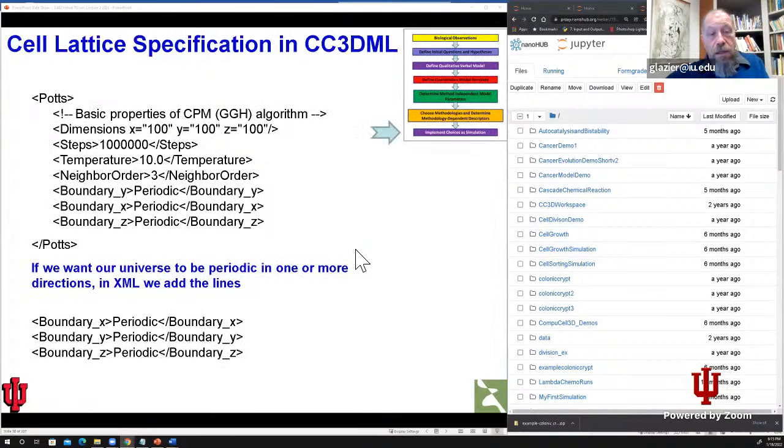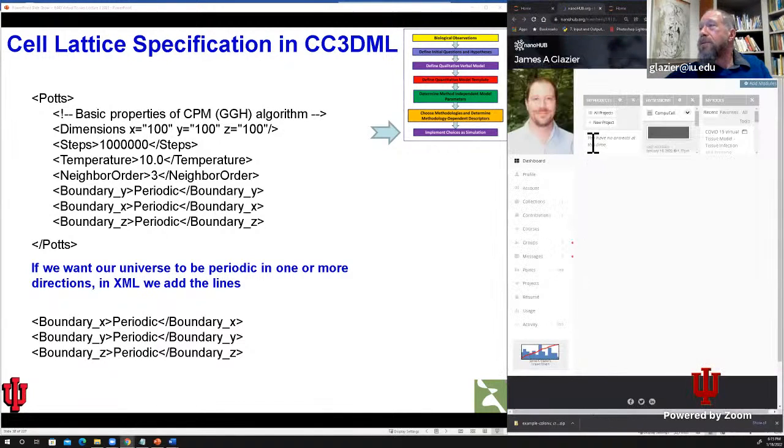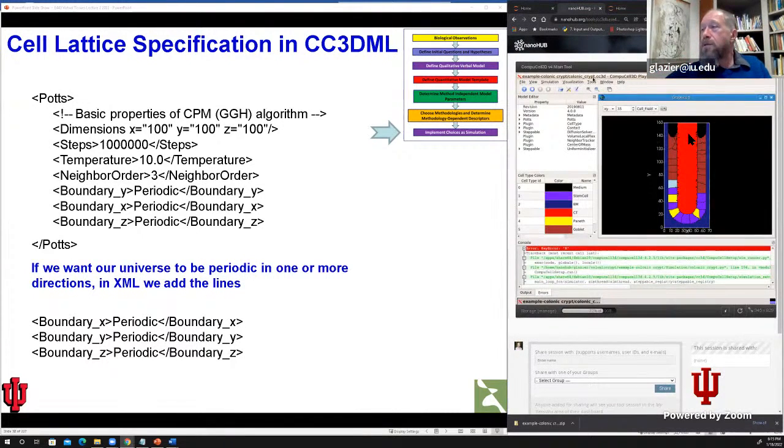If we look in the CC3D-ML, and probably it would be better for me to go back to, let's see if I can go back to my CompuCell example here, so that we can see this.